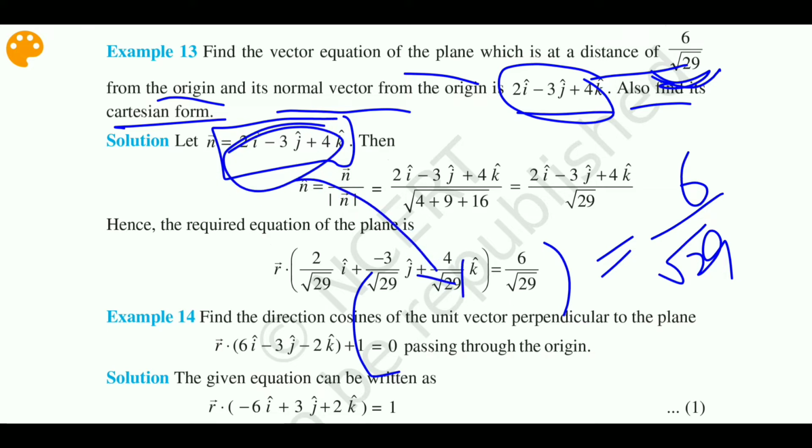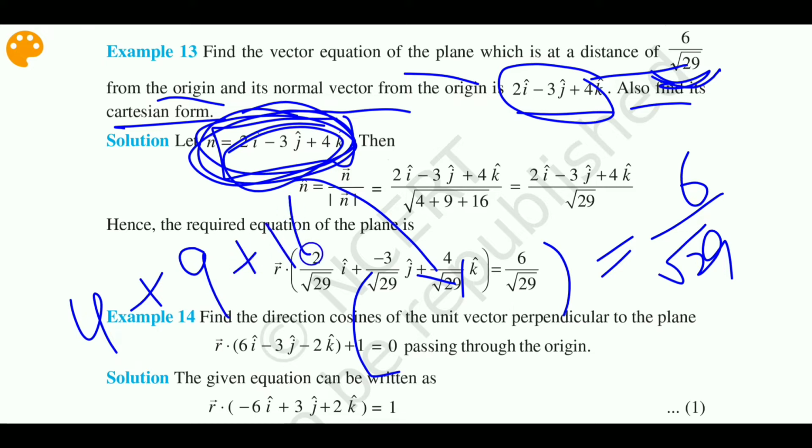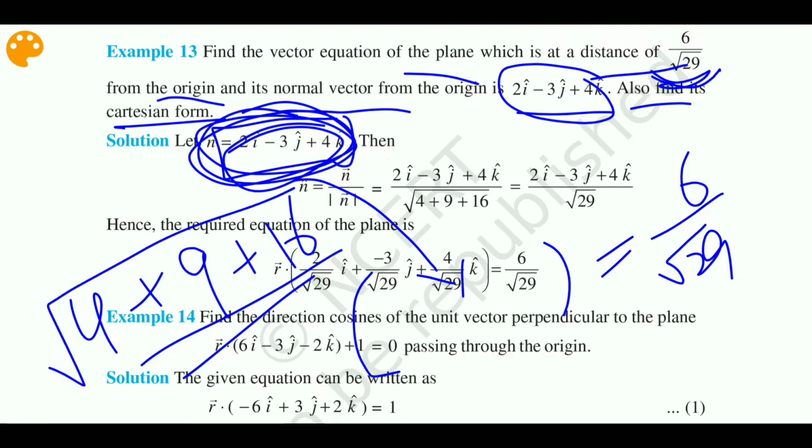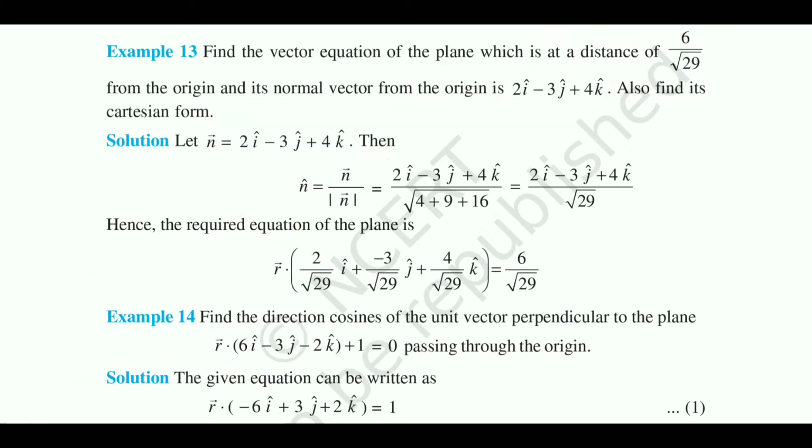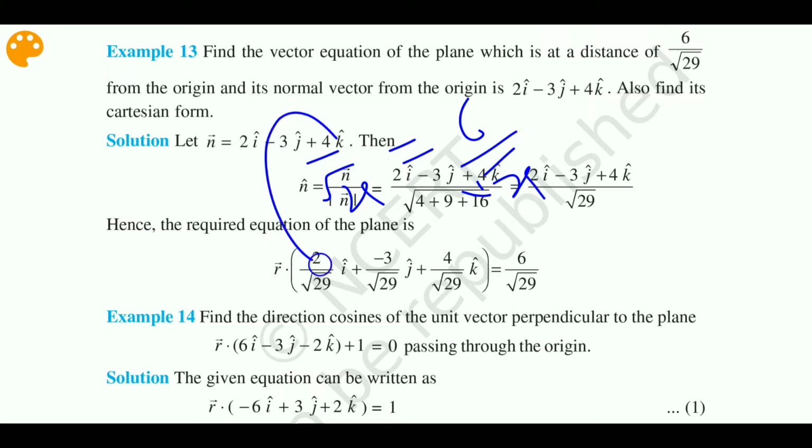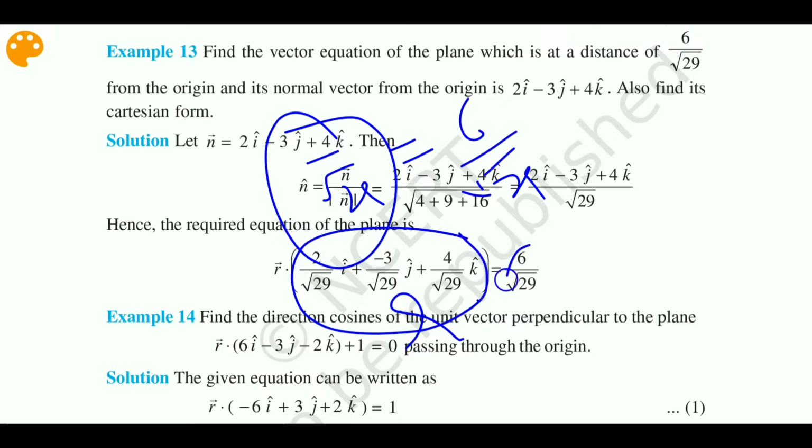Since the word is origin, just calculate its magnitude: 2 square is 4, 3 square is 9, 4 square is 16. Add these and take the square root, which comes out to root 29. So divide both sides by root 29. You will get 2 by root 29, 3 by root 29, and 4 by root 29, and on the right 6 by root 29. This gives us the vector equation: r dot the direction cosines equals the perpendicular distance from the origin.